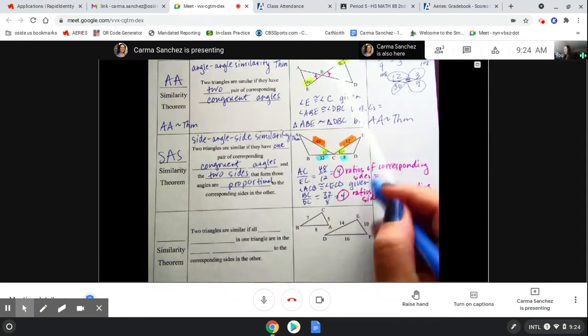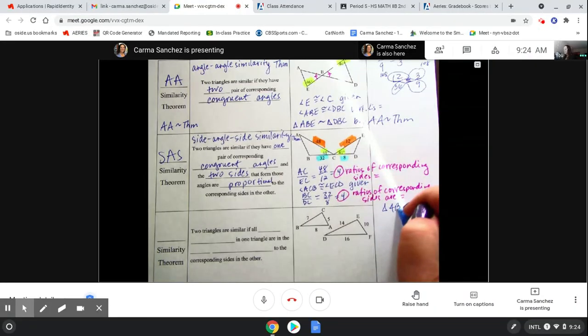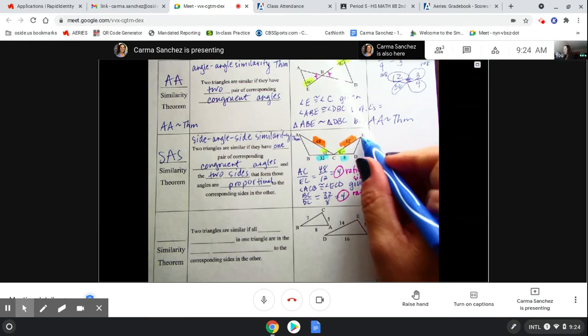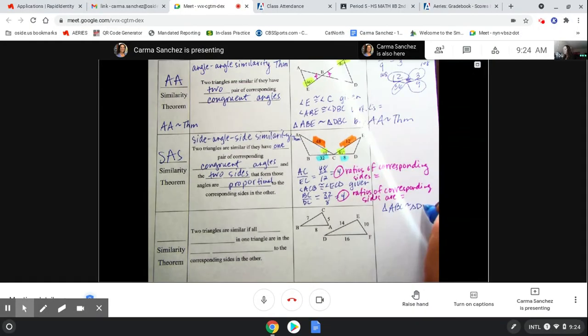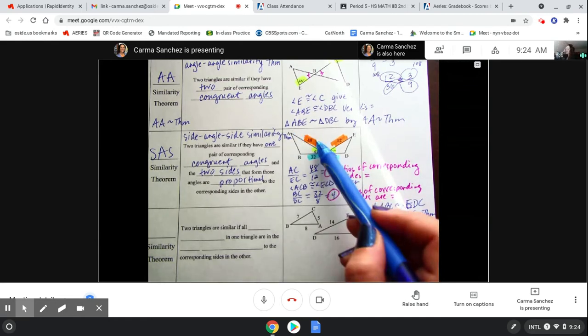So now we can say triangle ABC is similar to triangle EDC by side angle side similarity theorem, because we had a side and an angle and a side.